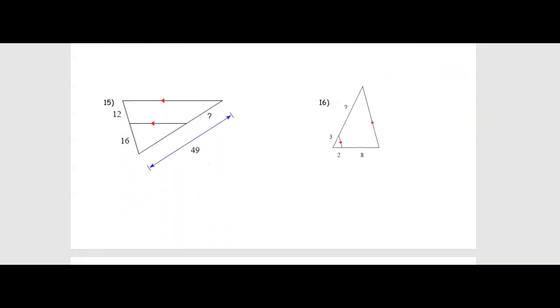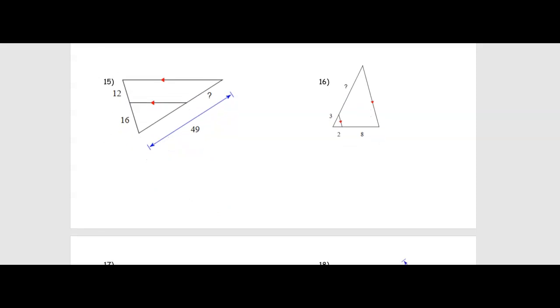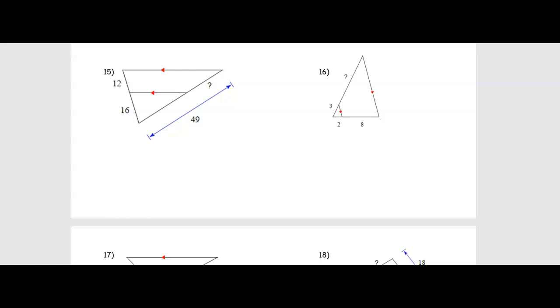If we go down to 15, this one might be a little trickier. So we'll talk about this one, where we'll call this our x. The way I would set this up is, let's take the 12 and compare it to the x here. But in order to do that, on the 12 side, here's the overall length.